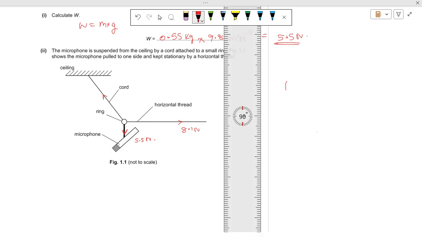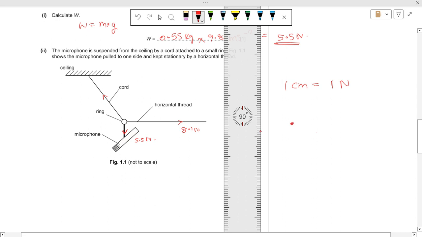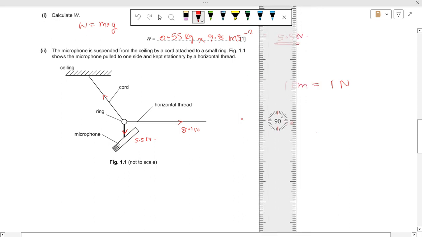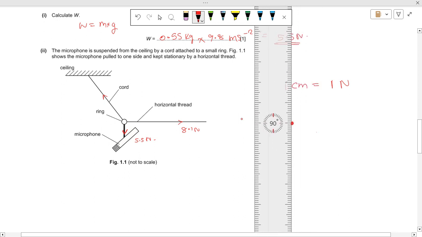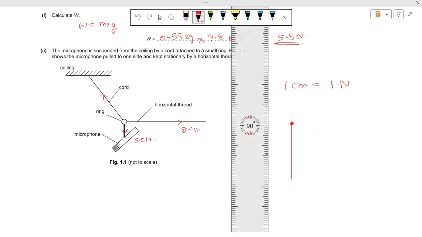1 centimeter equals 1 newton. So if this is the ring, this dot, 5.5 newtons is 1, 2, 3, 4, 5 and a half centimeters of length.